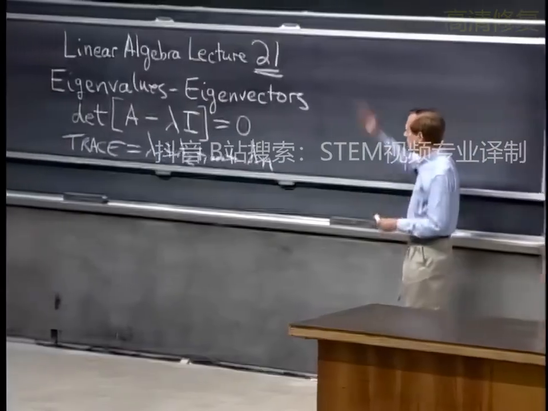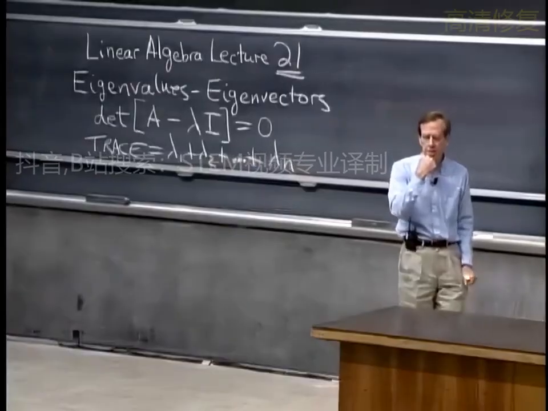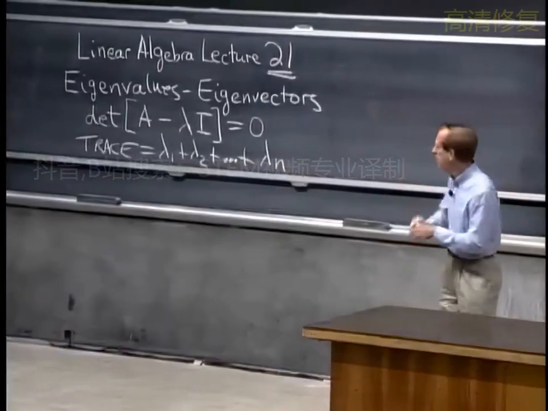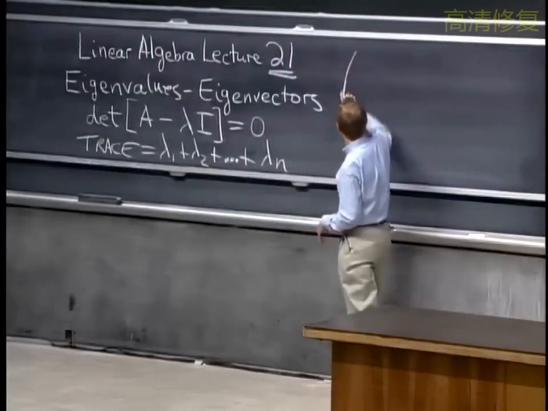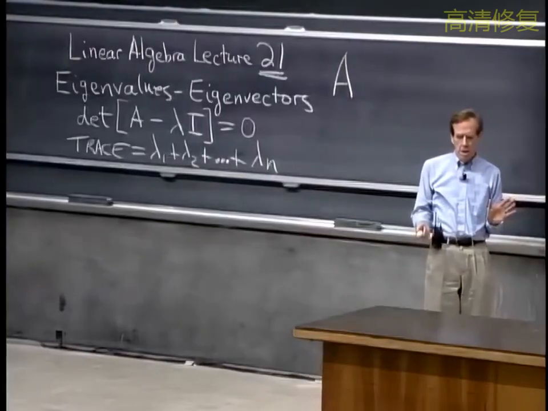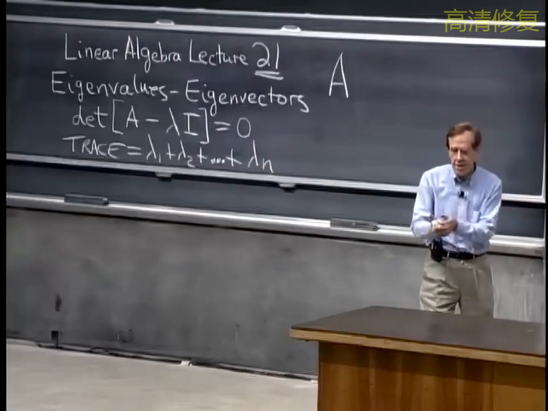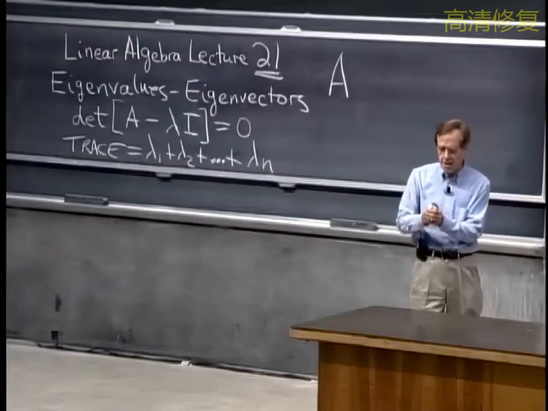Okay, so what's an eigenvector? Maybe I'll start with eigenvector. So I have a matrix A. What does a matrix do? It acts on vectors. It multiplies vectors x.